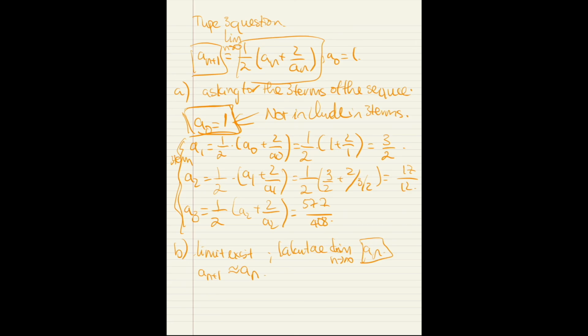It's just like this is a constant, and this is also a constant. For example, it's the same as when you're doing integration and then you have to add plus c, it's still the same. By that I name the limit of a of n equal to L, and then we have a of n plus 1 equal to 1/2 of a of n plus 2 over a of n.